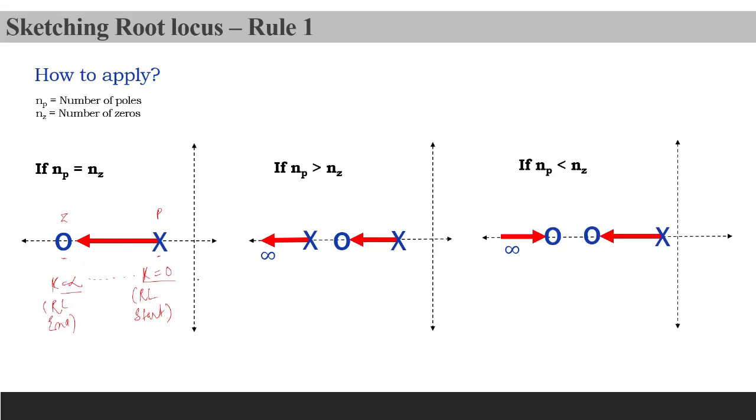We also discussed why we did that, because at k equals 0 the poles were dominant, and that is the reason why our roots were at the position of our poles, and at k equals infinity the zeros were dominant analytically. We have demonstrated that before.